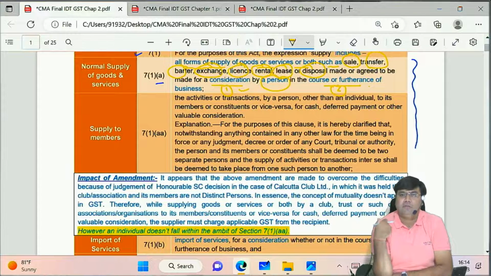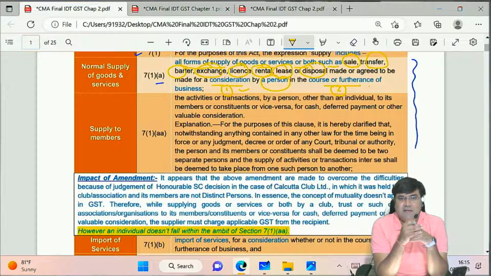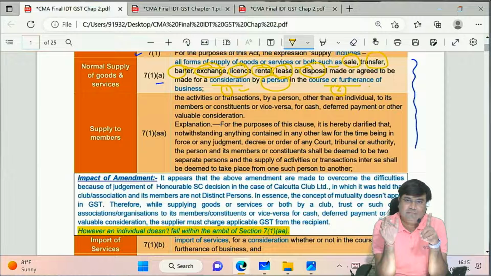It is my call to sell those IDT classes at a loss. Let's say my cost is 2000 rupees, but I am selling at 1 rupee. As a businessman, that is my call. I may be incurring losses on such a transaction, but it doesn't matter. There is a consideration.